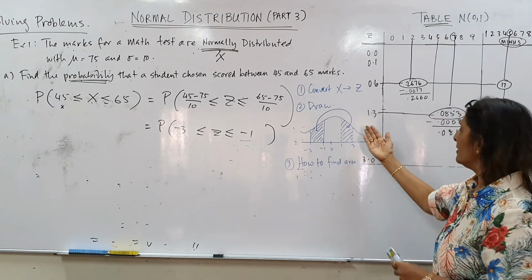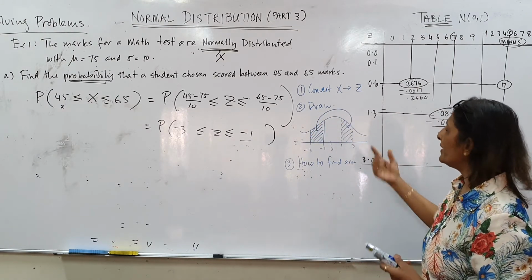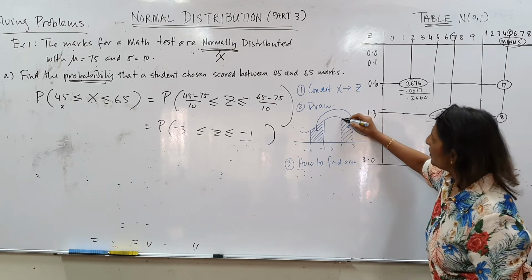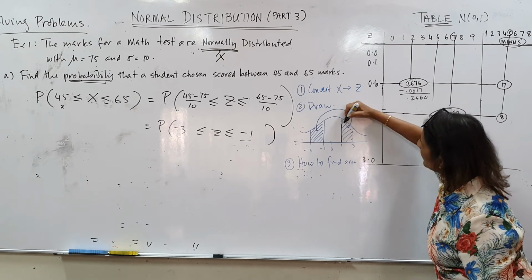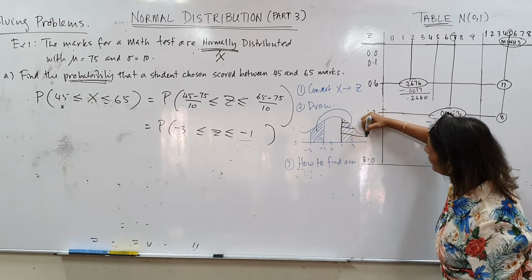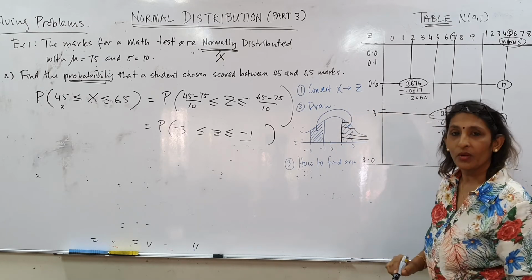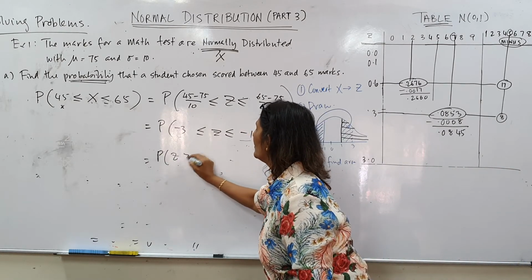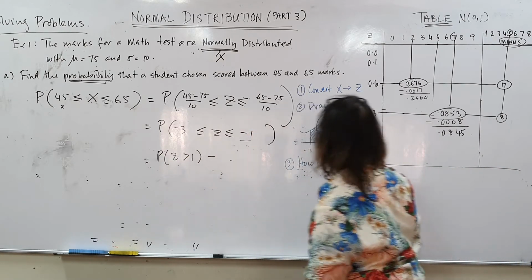Imagine it's here. So now this side, how do you find the area? We will take the area from 1, it goes right up to the end. Z more than 1.